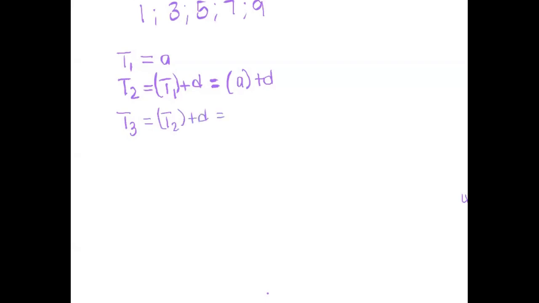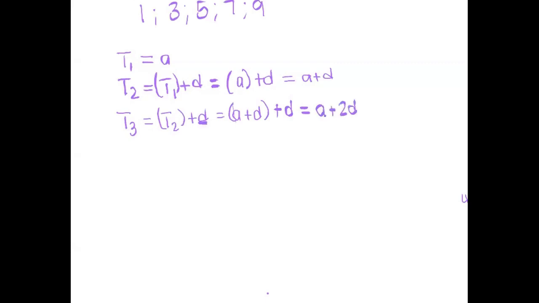So in the previous, we said T2 is equal to A plus D. So A plus D is going to be substituted in there. And we don't forget this other D here. So that's the D we're adding. Then we have D plus D will give us 2D. So you have A plus 2D.